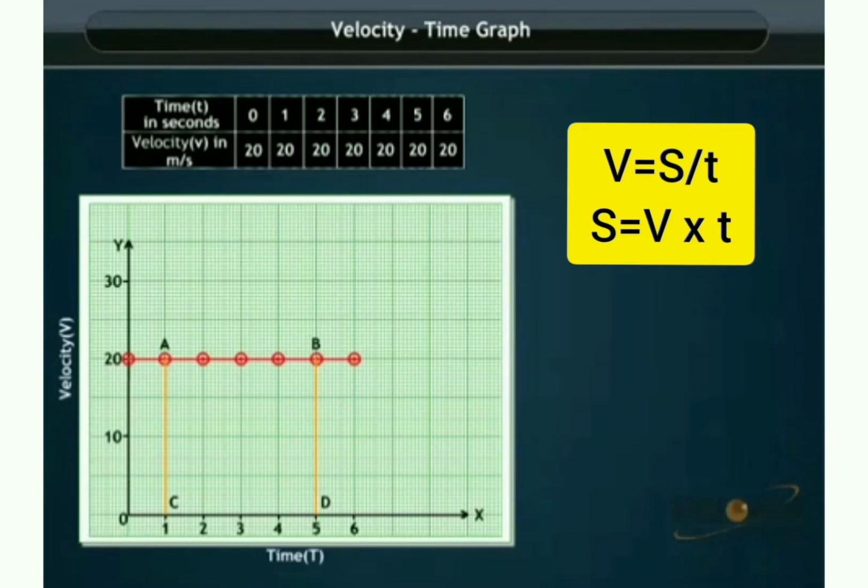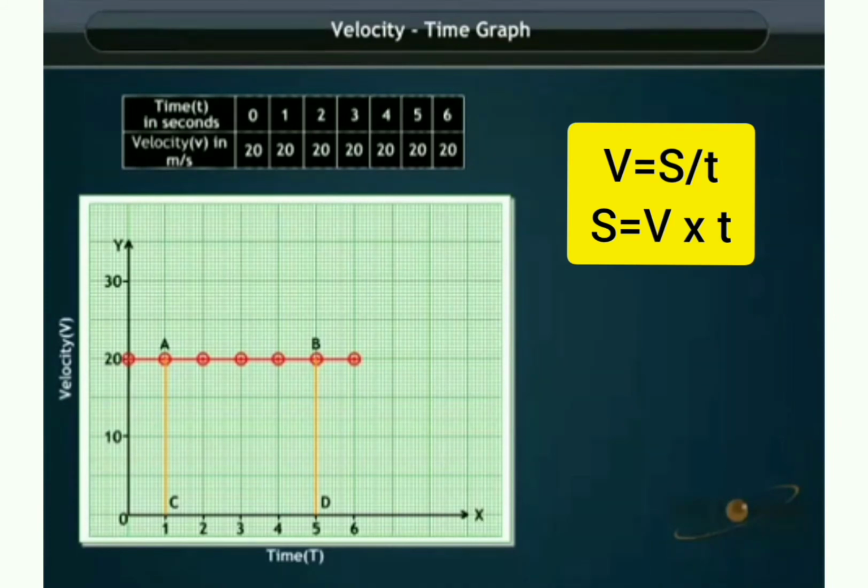Let an object move with a constant velocity v between times t1 and t2. Positions A and B on the graph correspond to the times t1 and t2 respectively. Draw normals AC and BD from the points A and B on the time axis.